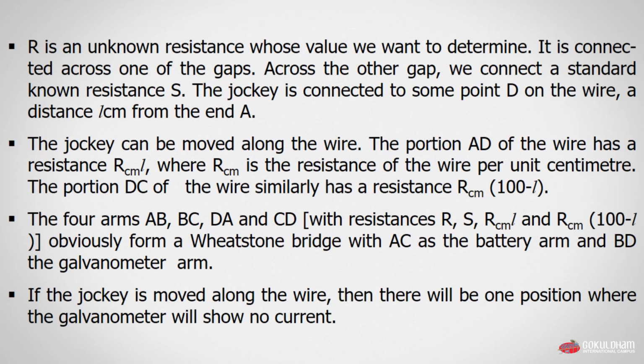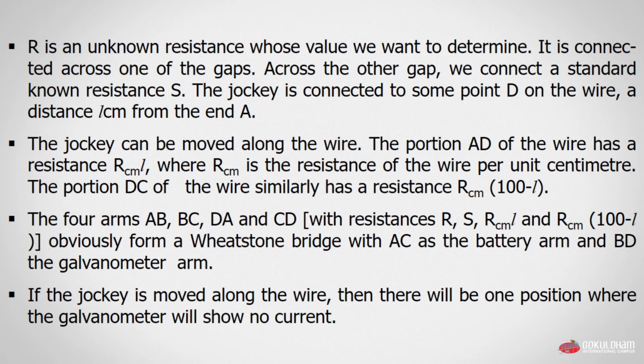And the portion DC of the wire similarly has the resistance r cm into (100 minus l). The four arms AB, BC, DA and CD with resistances R, S, r cm l and r cm (100 minus l) obviously form a Wheatstone bridge, with AC as the battery arm and BD as the galvanometer arm. You can see all these things in the figure that I showed you previously.